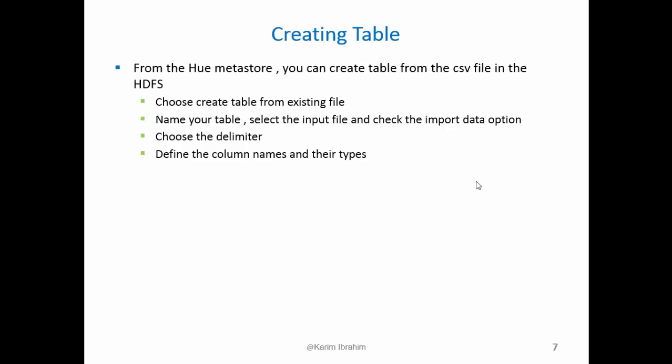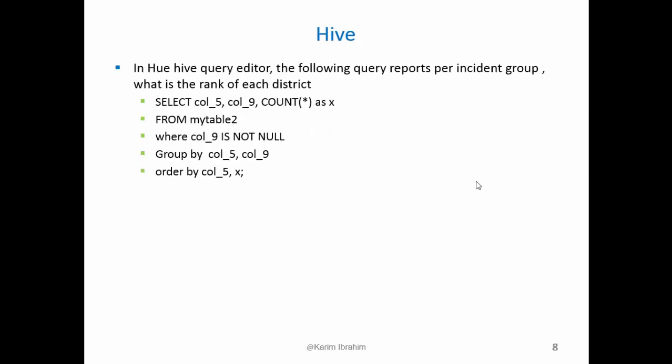One of the capabilities is that you just load the CSV file and it determines the columns from there. You just pick the delimiter, and it shows you the column names and the data column types, and then imports the data to the table on HDFS.